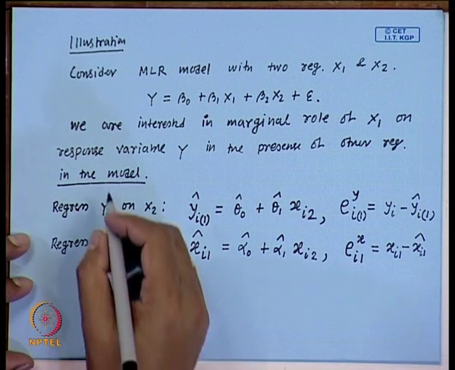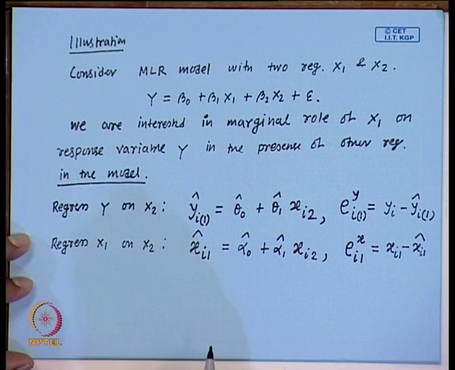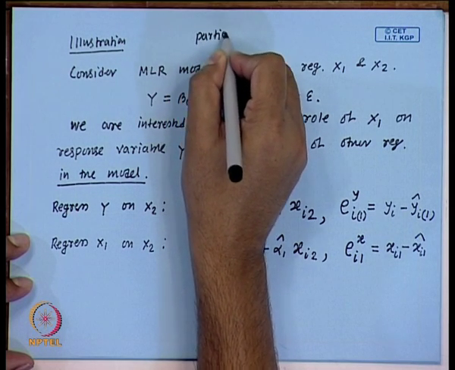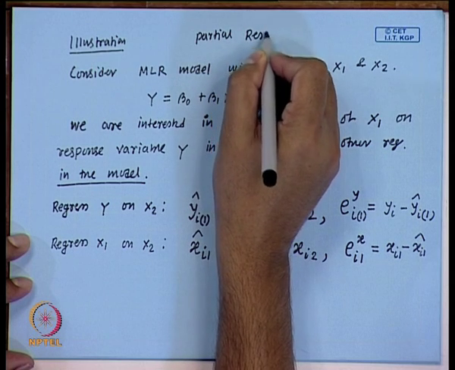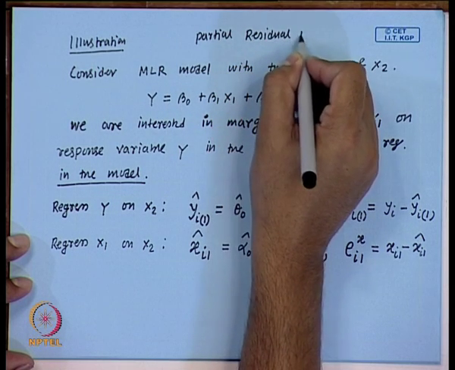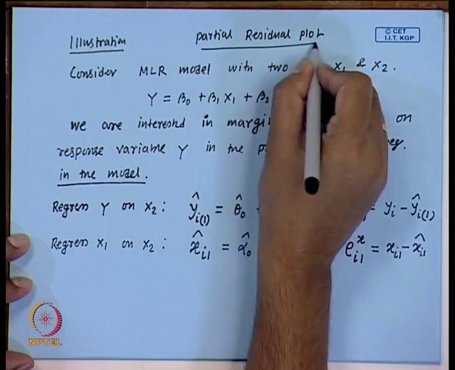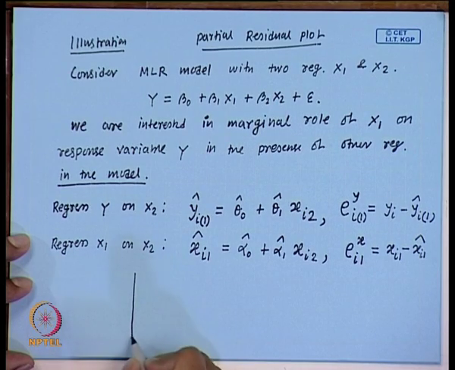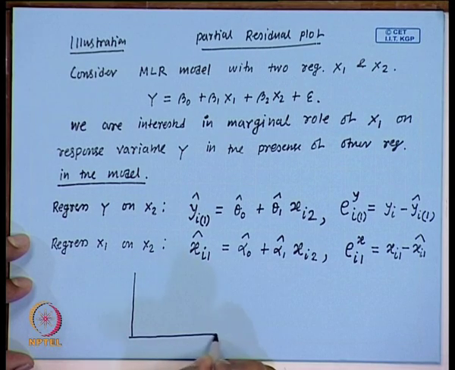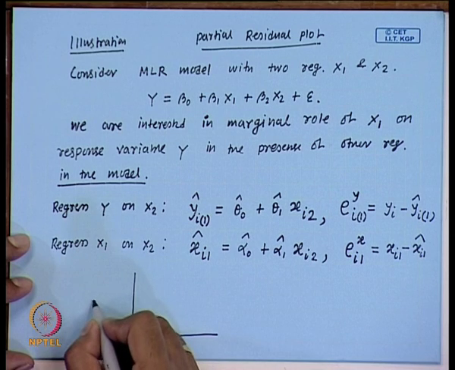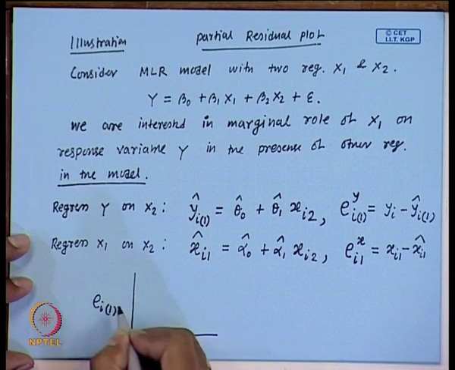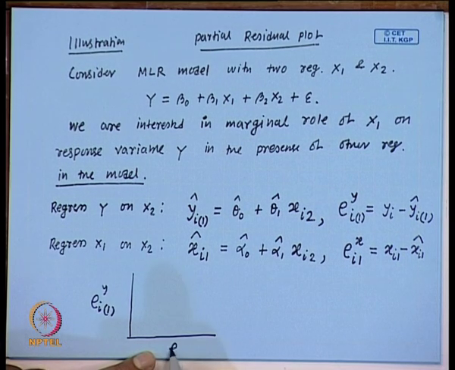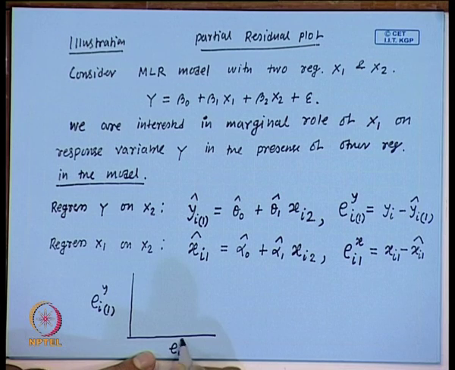And then what the partial residual plot does is that it plots e_i1 y against e_i1 x.